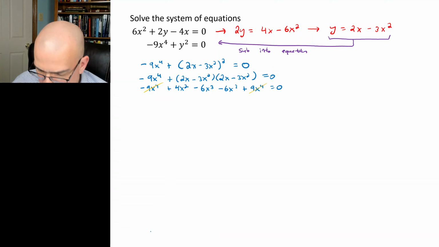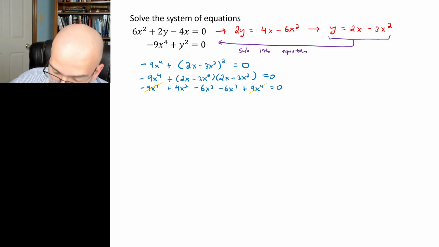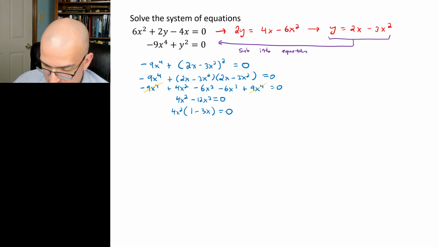And then from the leftovers, let's collect like terms. Collecting like terms, 4x squared minus 12x to the power 3 is equal to 0. Now we can common factor. I'm going to common factor 4x squared out from these. We'll have 1 minus 3x left. I'm a little bit paranoid that it appears that a fraction is coming out, so let me just double check I didn't mess something up. That's a plus sign, okay.